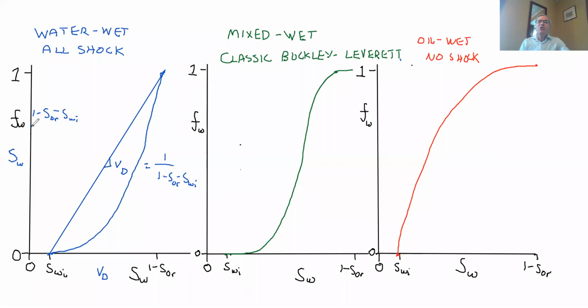And so our solution is a constant state and then a shock, and the shock is going at that speed. So we have a constant state here. Maybe I could draw it as a proper straight line, so that's a bit more evident. And then we have a shock, which is another straight line, like that. Maybe that's a rather neater way of drawing it. So we have a constant state and a shock, and that's the speed of the shock.